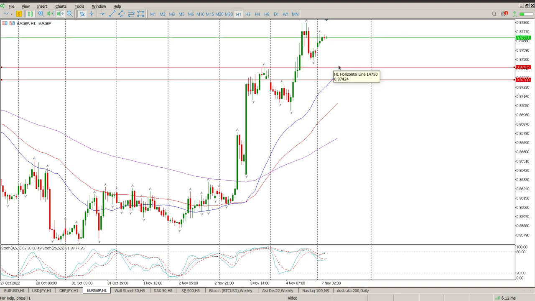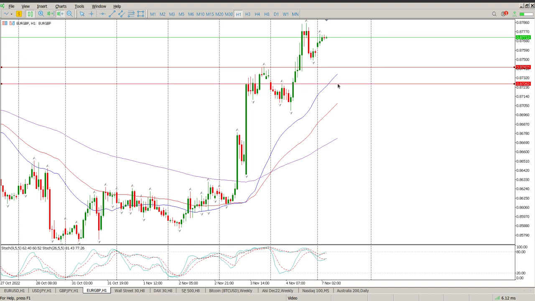So we're looking for a pullback to 0.87424, and just going to extend that down to there, and that is 0.87262, and 0.84424. So those are the levels that we're looking at the moment.